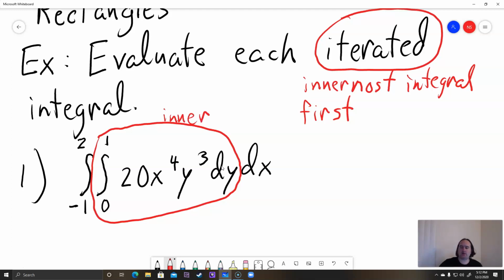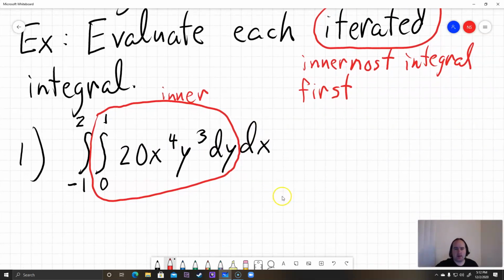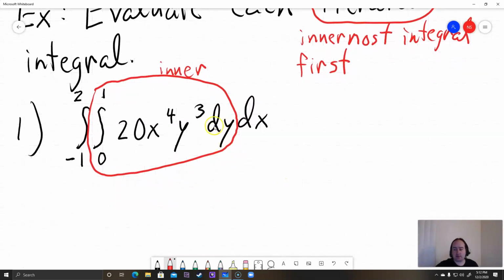We want to do the inner integral first, and because it's with respect to y, any other variable is treated as a constant. Since the other variable here is x, and we're doing dy, x is a constant.